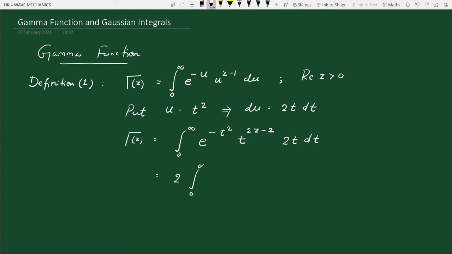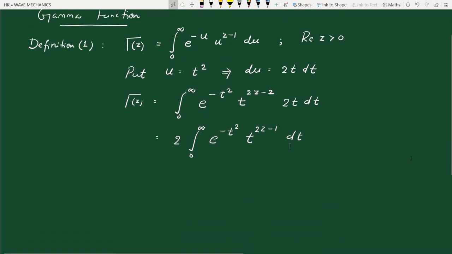Integral 0 to infinity e raised to minus t square, and you have one t here which you multiply with t raised to 2z minus 2. So then the total power will be 2z minus 2 plus 1, that is t raised to 2z minus 1 dt.